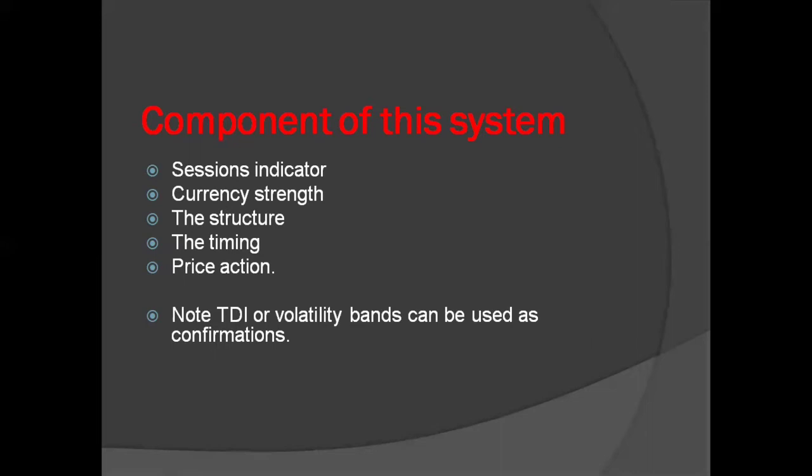All right. So you want to add your sessions indicator if you have a laptop. You want to add your sessions indicators, and I'm going to show you what I mean by that. And if you don't have a laptop, you can add your day breaks, and just be able to identify that structure within the specific day. All right. That is the first component of the system.